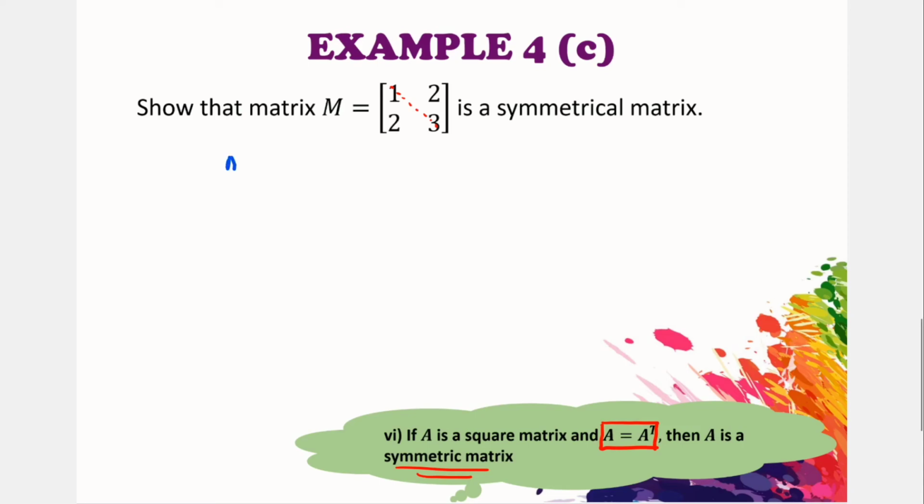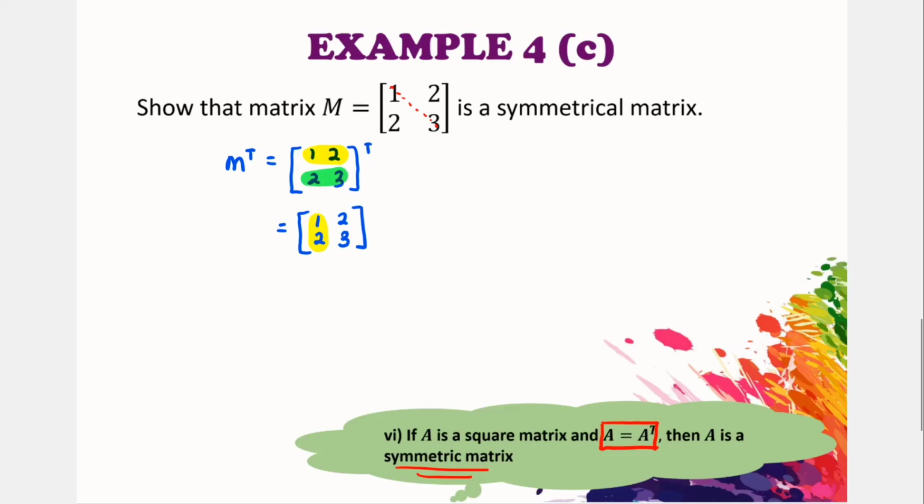So M transpose is equal to 1, 2, 2, 3. Now we transpose the matrix. The first row will become the first column, so 1, 2 here, and then 2, 3 will become the second column.